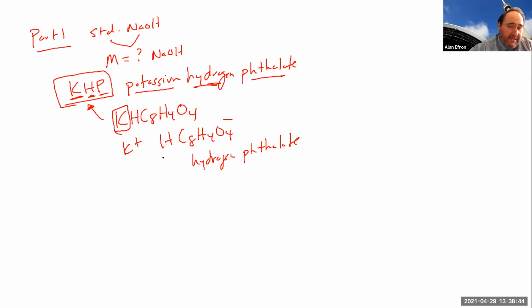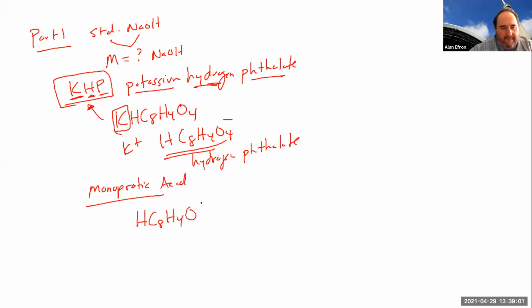It's really this part that's reacting like a weak acid. So this is acting like a monoprotic acid, which means it has one hydrogen to give. The reaction we get is this guy plus some hydroxide, which comes from the sodium hydroxide, and we produce some water and some phthalate over here.